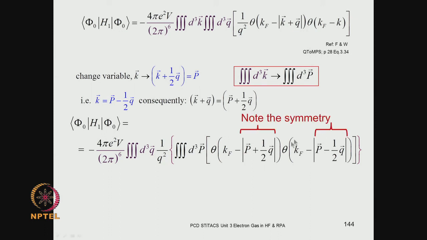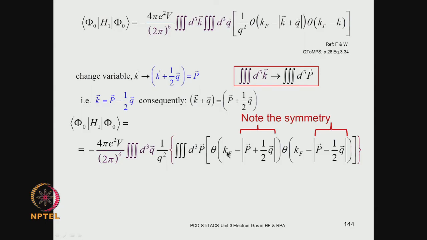Now, the advantage of changing the variable from k to k plus half q is that in the Heaviside step function, you are subtracting a certain magnitude of a momentum term from the momentum at the Fermi level. I am referring to k as momentum, knowing of course that it is in units of h cross.